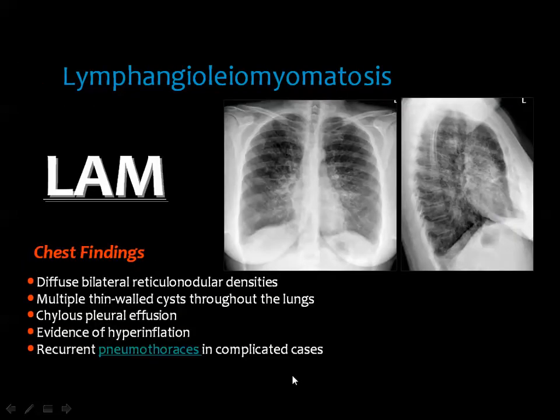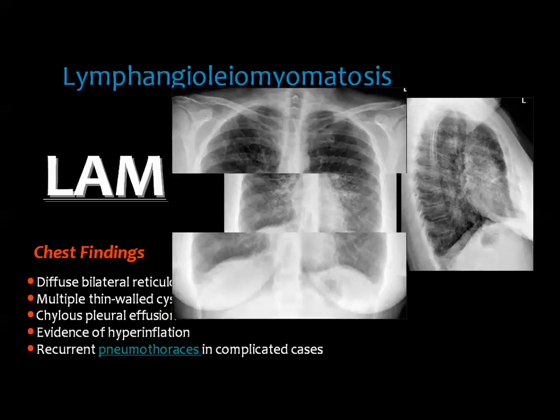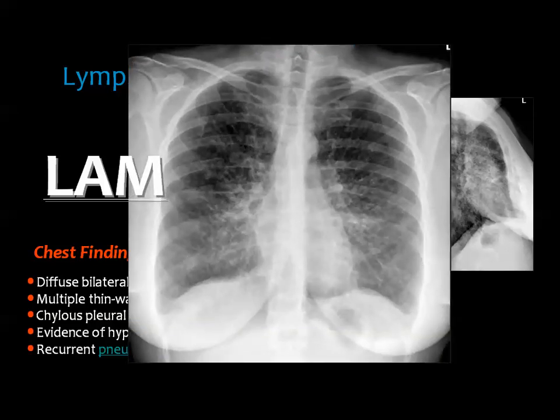In the plain X-ray, it is difficult to appreciate that this is a cystic disease. You only see multiple widespread reticular opacities throughout the lung fields, which may represent the walls of the cysts.